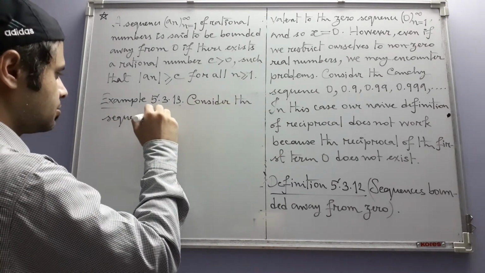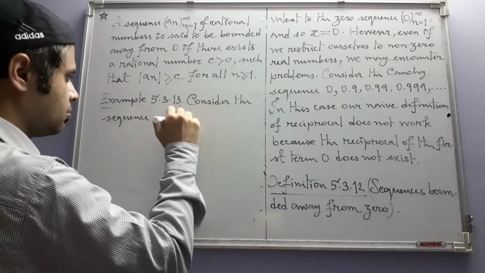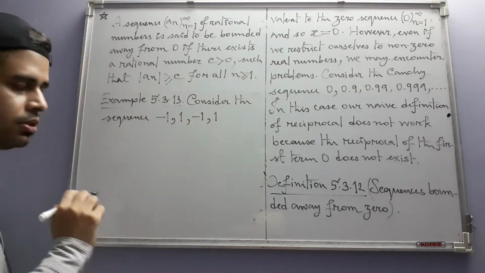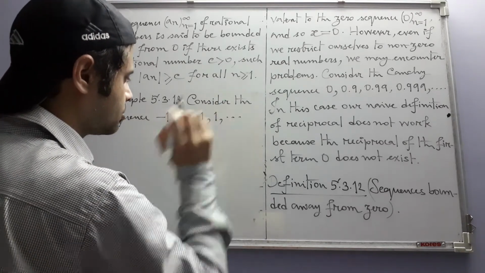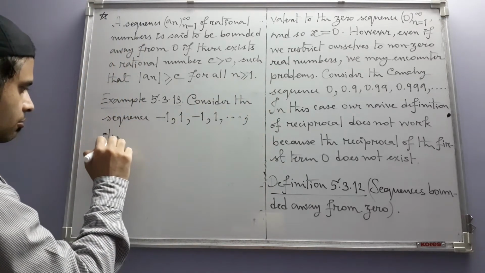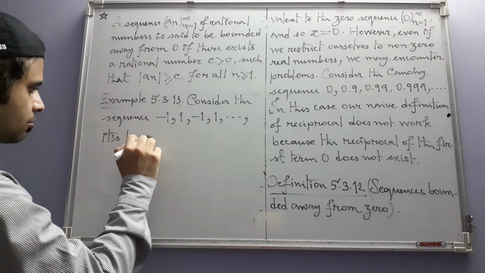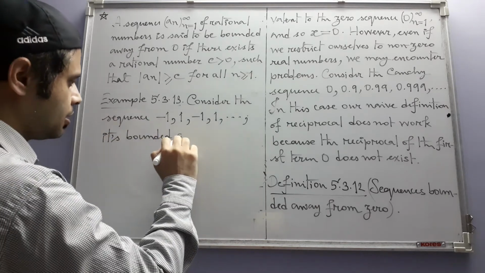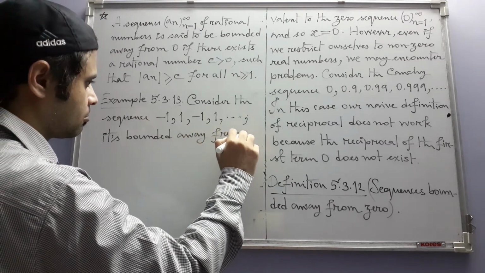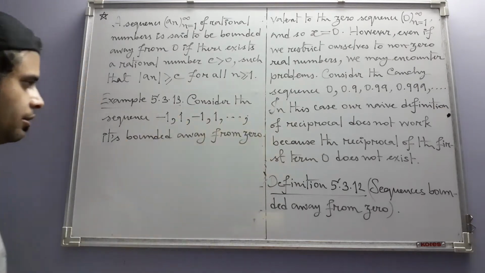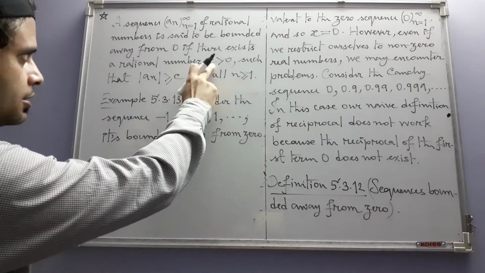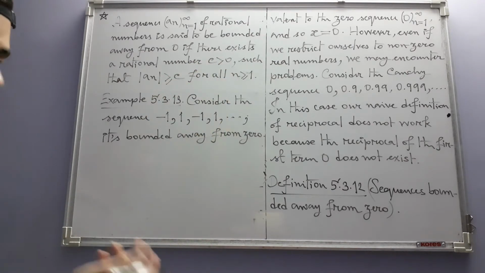Consider the sequence -1, 1, -1, 1. So the terms alternate between -1 and 1, and it goes like that. It's bounded away from 0. Why? Because the absolute value of every term is equal to 1. So this C we can choose in this case to be equal to 1.